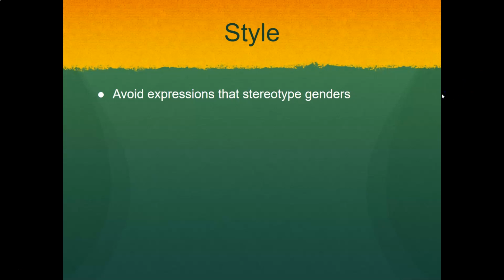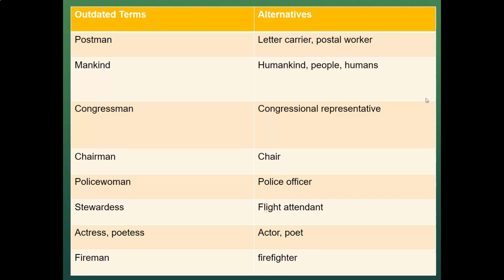And when we are talking about style in general, we should always avoid, regardless of the audience, expressions that stereotype genders. Here are some examples. So we have outdated terms and alternatives to those outdated terms.